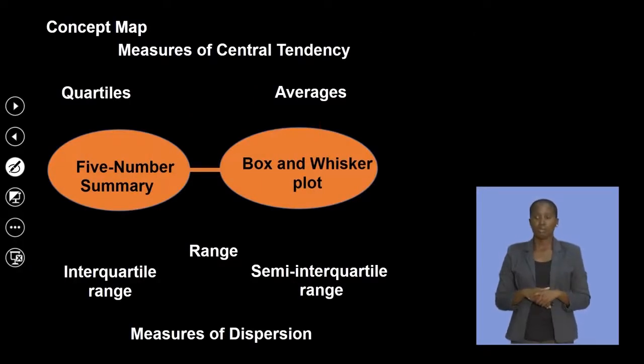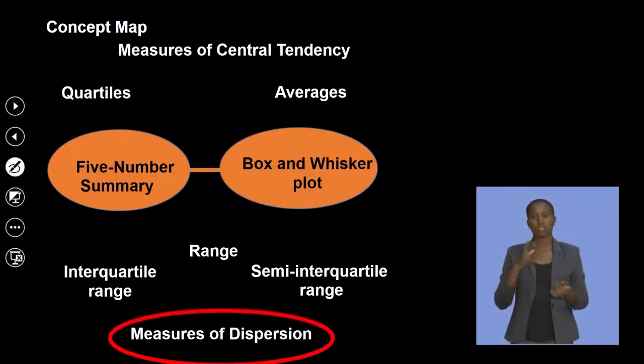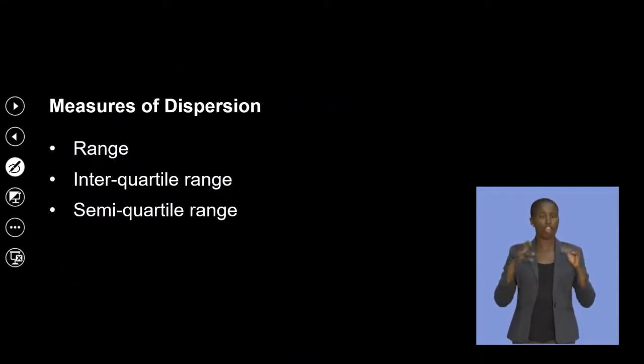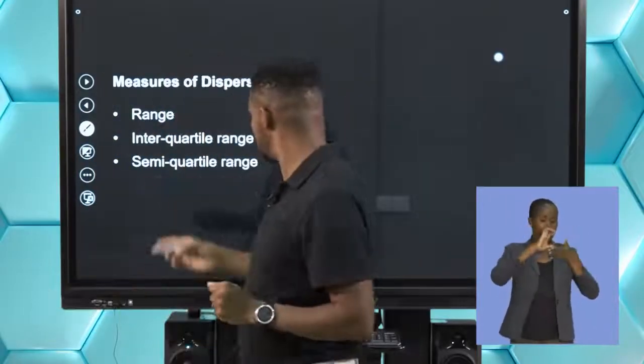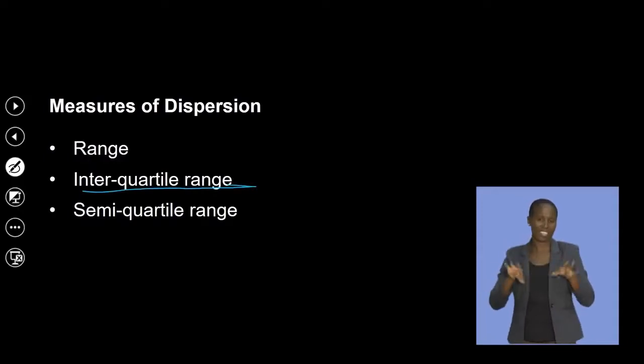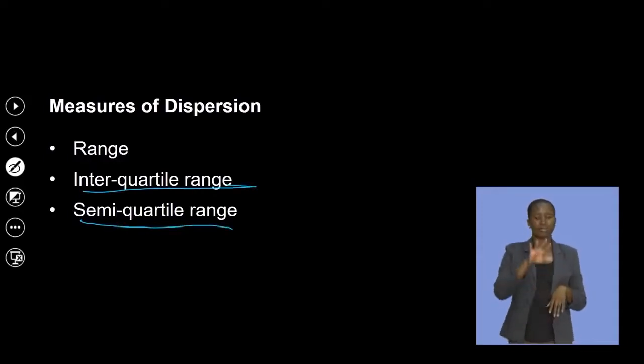So now what I would like us to look at is the measures of dispersion. When we talk about the measures of dispersion, we're talking about the range, which is the highest minus the lowest value; the interquartile range; and the semi-interquartile range.